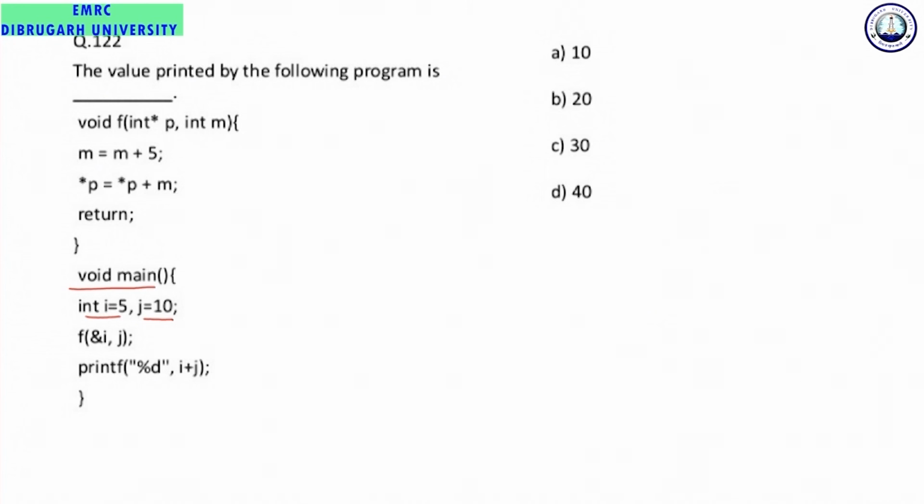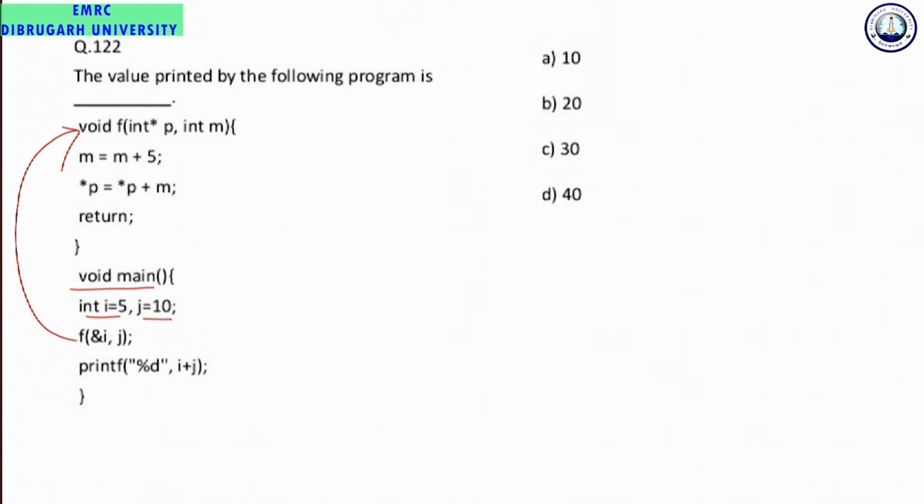Then coming to the function call, we will go here. When the function call is done, you can see i is equal to 5, j is equal to 10, then f of ampersand i comma j.